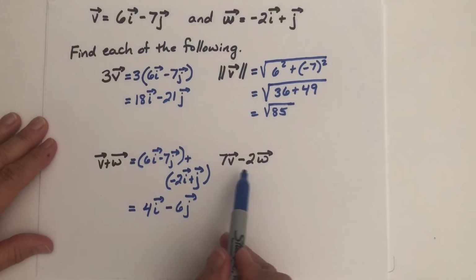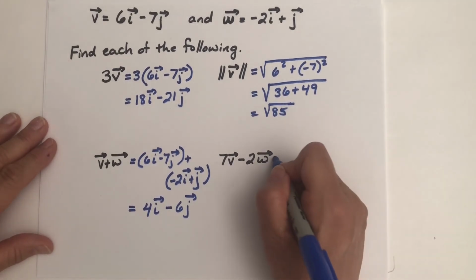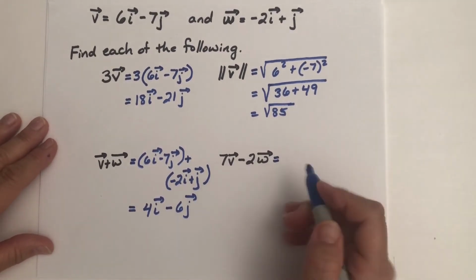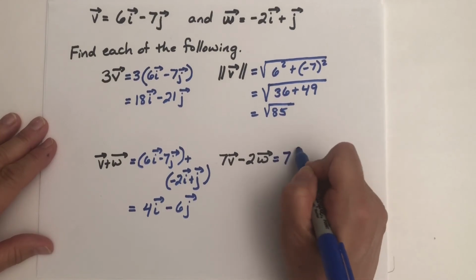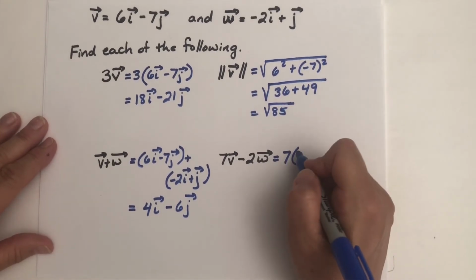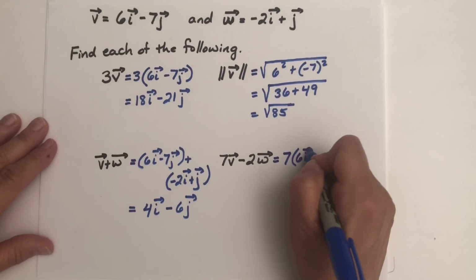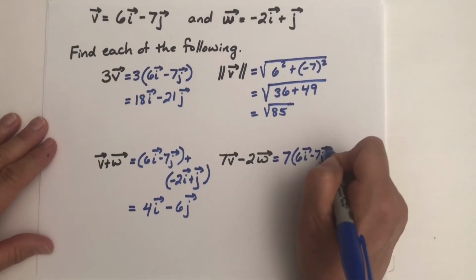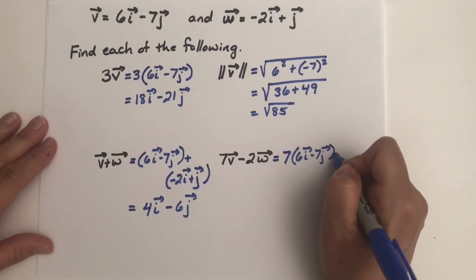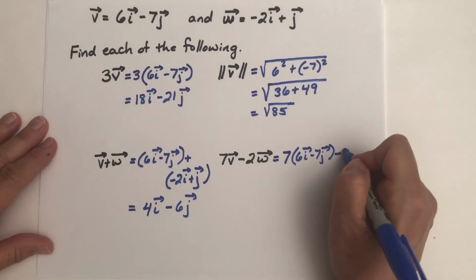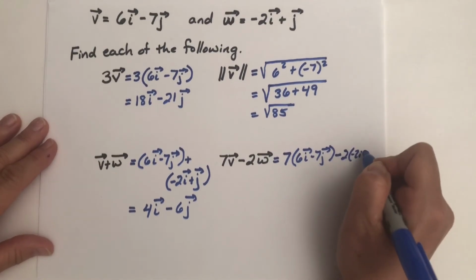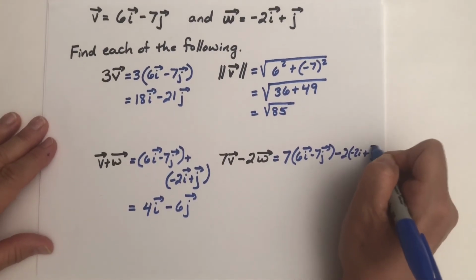Let's do this last one. We have 7 times v minus 2 times w, probably just as you would expect. 7 times 6i minus 7j minus 2 times negative 2i plus j.